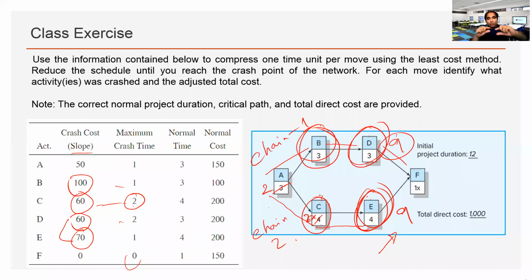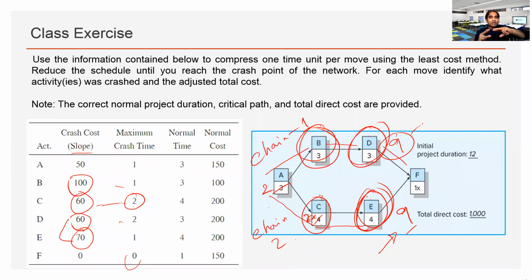Now, we only focused on the critical chain. So we crashed the activities on the critical chain. We crashed C by 2 days, and this also helps us in reducing the overall project duration. Now that we crashed it by 2 days, we have 9 and 9, both exactly similar. So chain 1 and chain 2 both became critical.